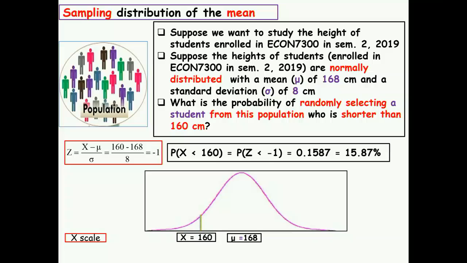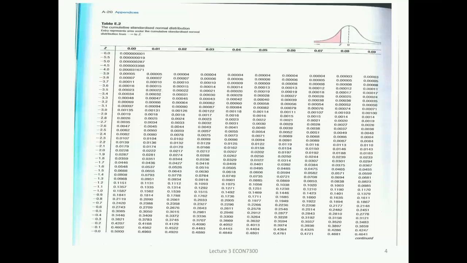So this is what I want to know, less than 160. On the Z scale, Z is 0. I converted to minus 1. I want to know the population, so I have to go to the table and find less than minus 1. So I went to the table to find this probability, which is 15.87. If I want to find minus 1, I go to the table, I search for minus 1, and it gives me 15.87. So that is fine.